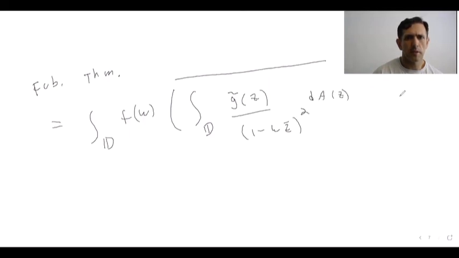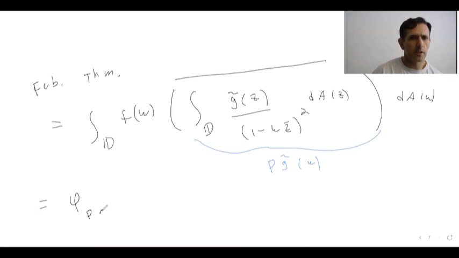And this here is exactly, by definition, this whole thing without the complex conjugate, P G tilde of w. So this here is, by definition, this bounded linear functional phi P G tilde of f. Okay.